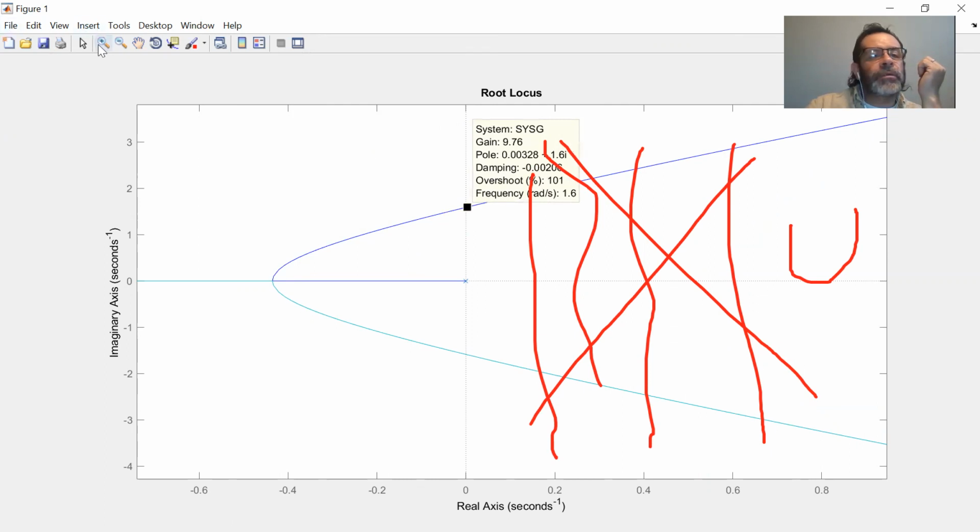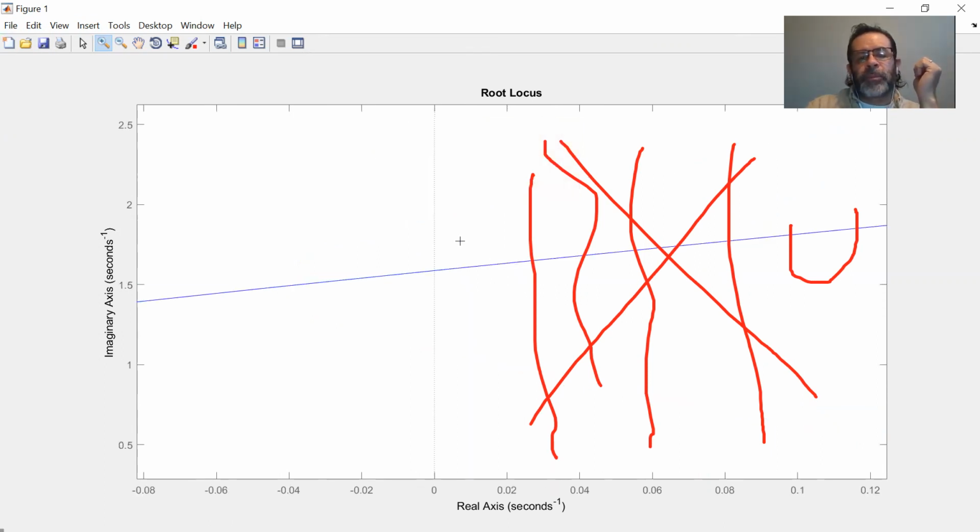We can zoom there, which is the point where it reaches the imaginary axis. I'm going to find approximately the value.